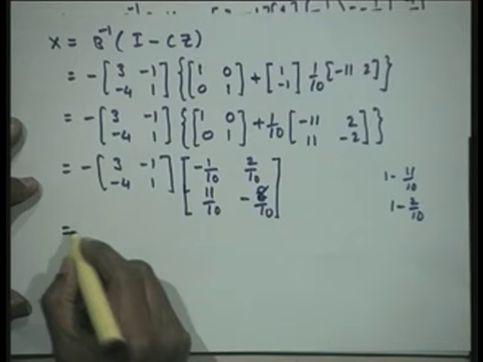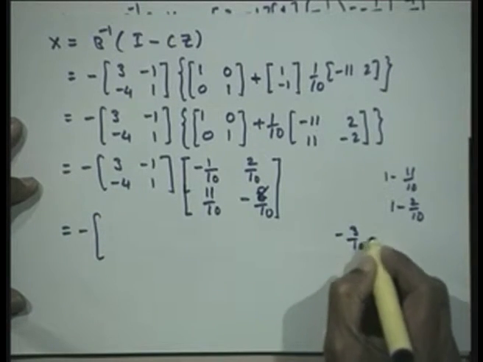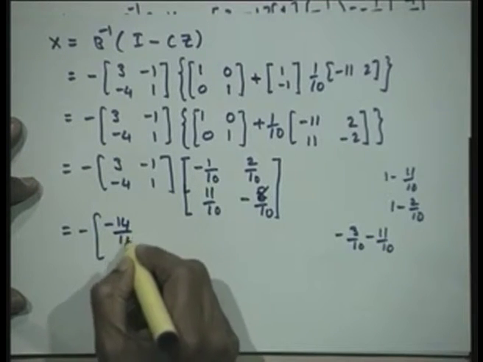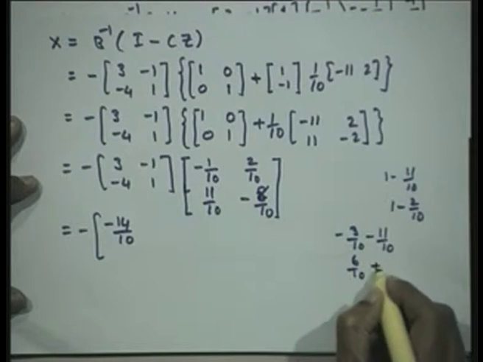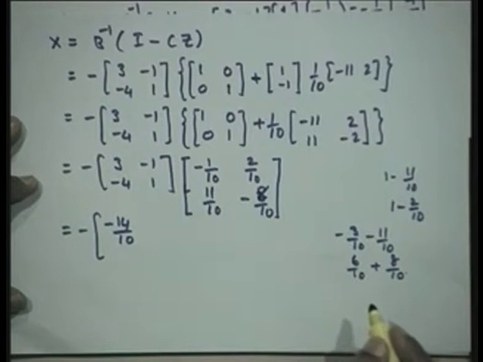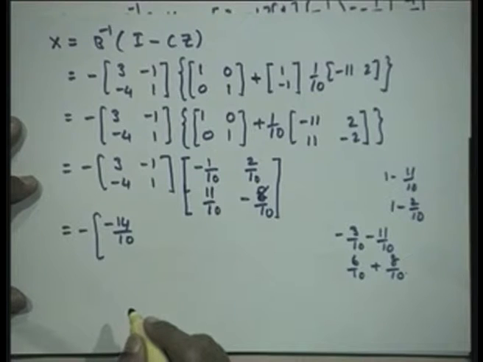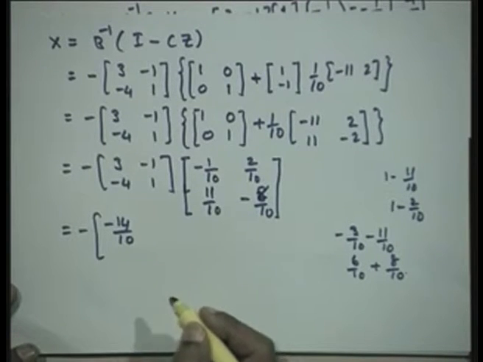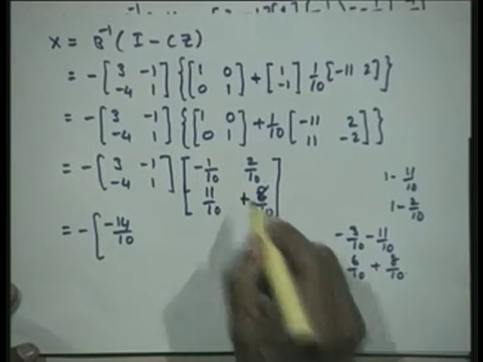Now, let us multiply it out. Minus sign here, this is minus 3 by 10 minus 11 by 10. So, this is minus 14 by 10. Then we have 3 into 2, 6 by 10, plus 8 by 10. This is plus 8 by 10, that is what I was looking at.